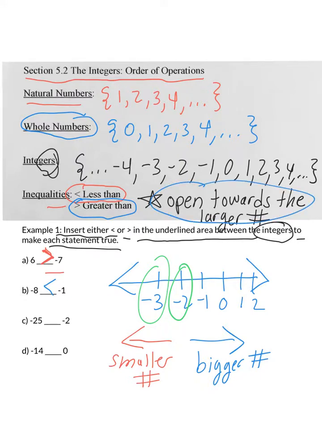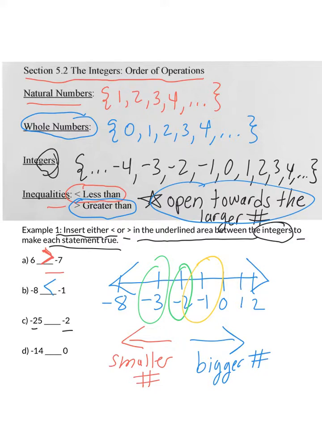I'd read this out loud as -8 is less than -1. Or draw the number line, and you would see that -1 is to the right of -8 on a number line. Therefore, -1 is larger. C, now they want us to compare -25 to -2.